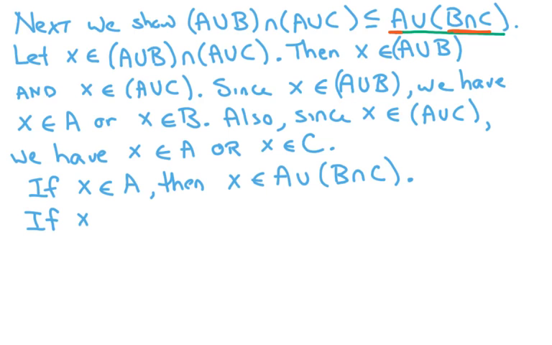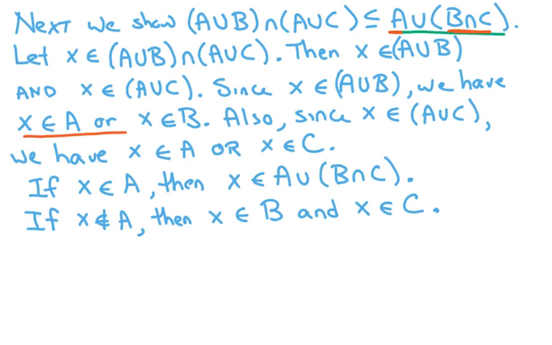If X is not in A, then X is where? X is in B and X is in C. Now that might have seemed a little, hey, how did you do that? Well, let's look.